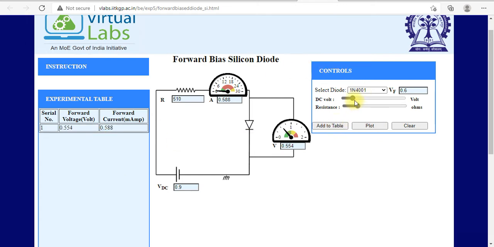We choose it here, and after it we will vary to 1.4. Add to table. Now vary again to 1.6, 1.8. This is the current, 2.35. Add to table. Vary the DC volt. Add to table.